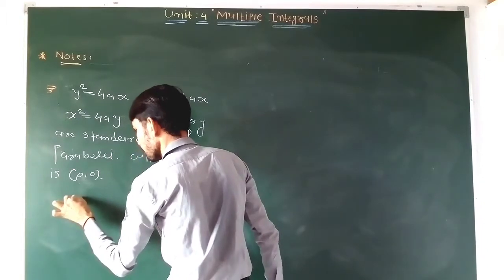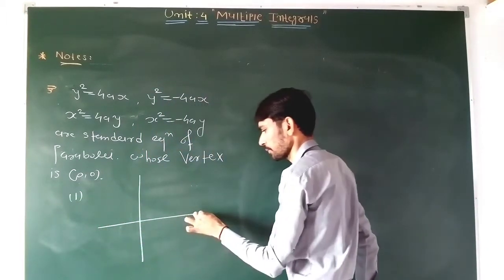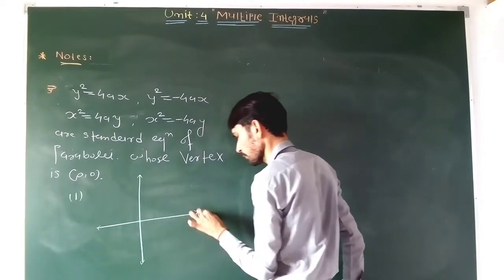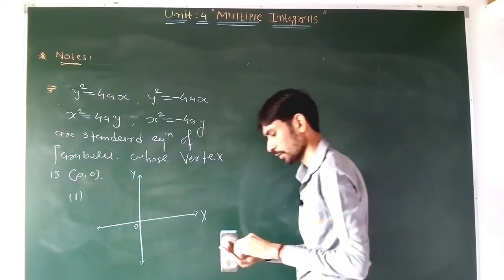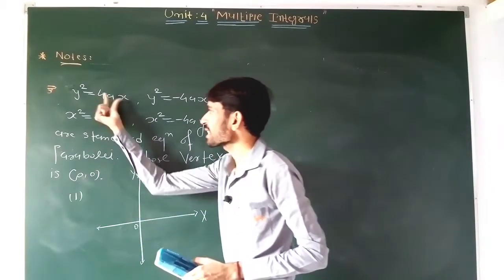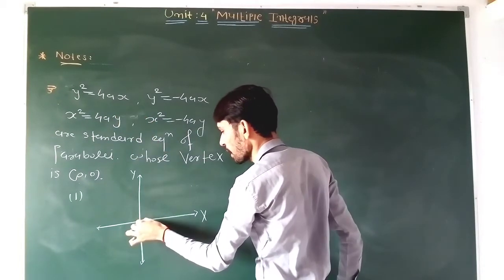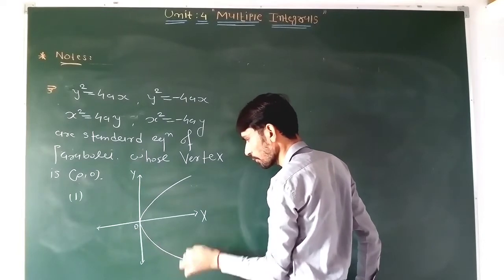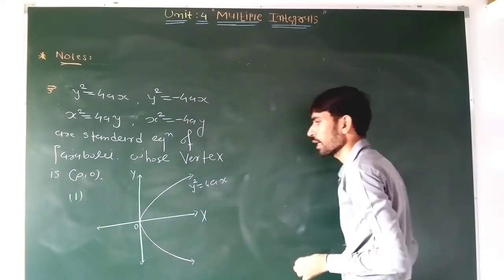So in the first one, xy, this is our origin. The first one is y square is equal to 4x. So y square is equal to 4x is the equation of a parabola passing through the origin. So this is the first curve. Now we draw the second curve.